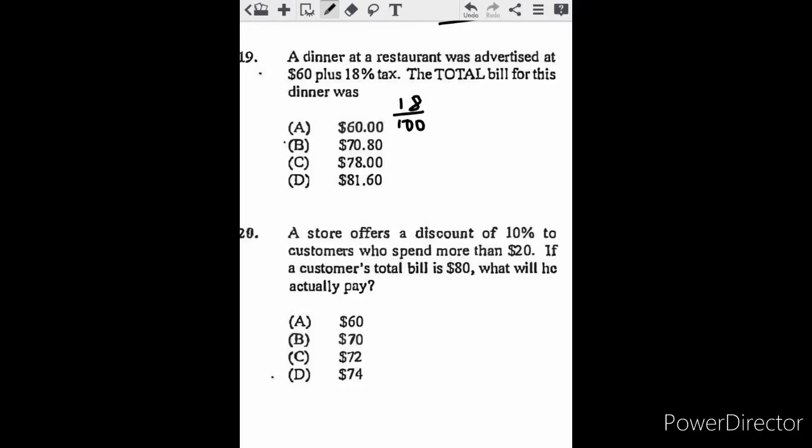So we have 18 over 100 multiplied by 60 over 1. Take off the zeros. So we have 18 multiplied by 6, which would give us 108. And then 10 times 1 gives us 10. And we know 10 means we move 1 decimal place to the left. So our answer would be 10.8. And that is the tax for the dinner.